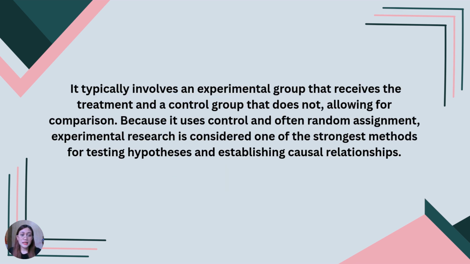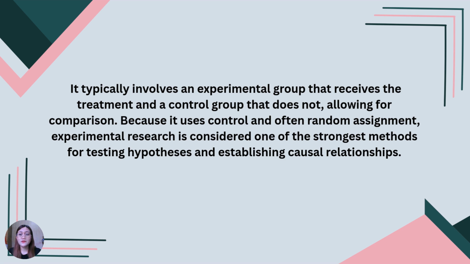It typically involves an experimental group that receives the treatment and a control group that does not, allowing for comparison. Because it uses control and often random assignment, experimental research is considered one of the strongest methods for testing hypotheses and establishing causal relationships.